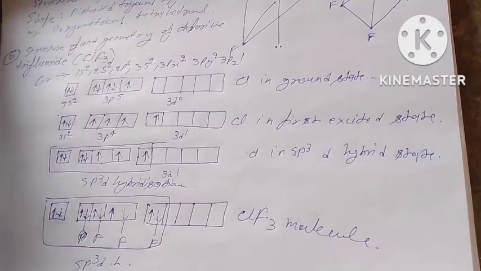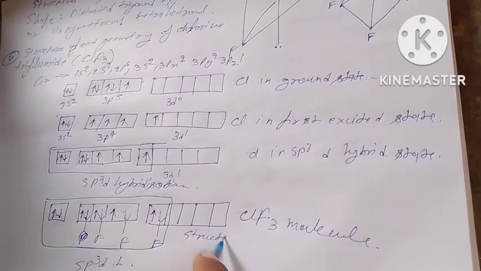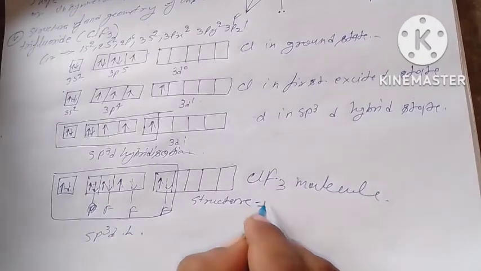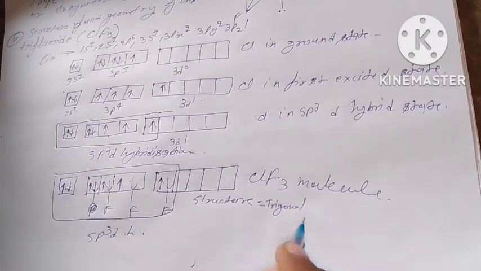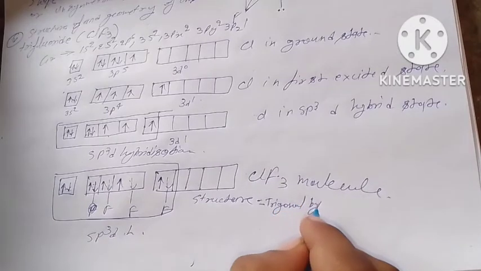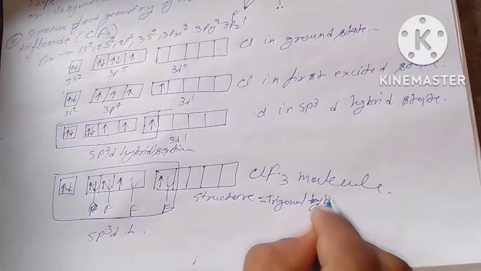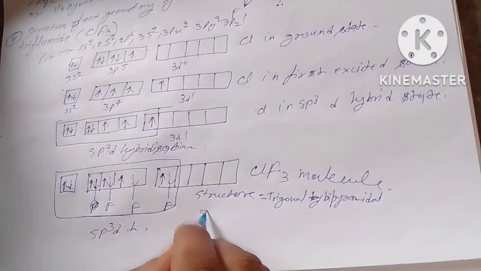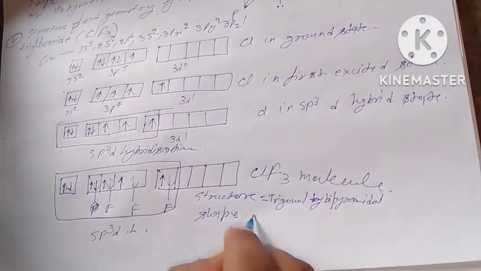As the hybridization is sp3d, the structure of ClF3 is trigonal bipyramidal with two positions occupied by lone pairs. The structure is trigonal bipyramidal, and the shape is T-shaped.